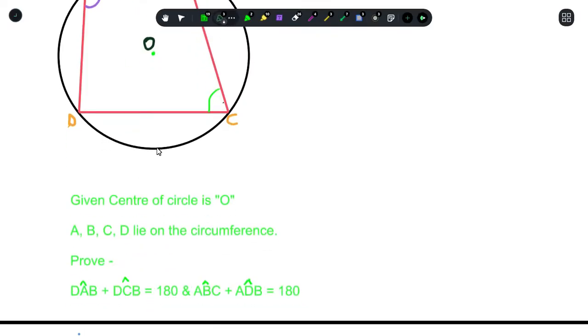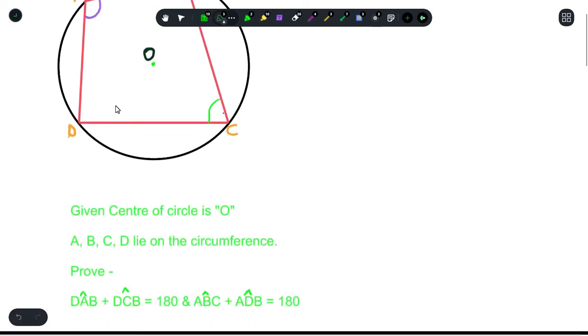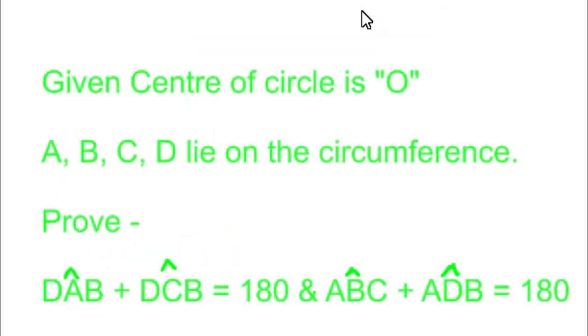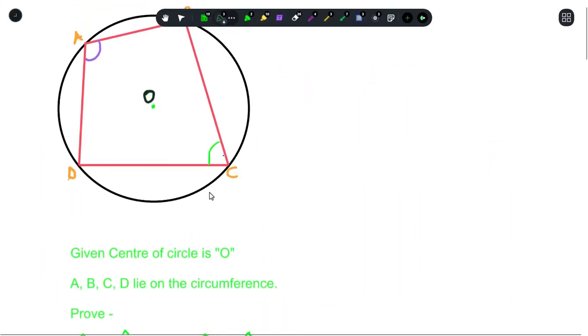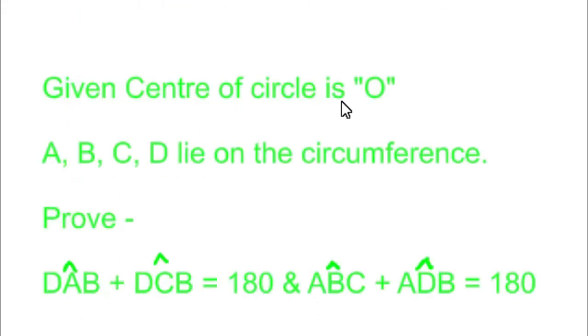We are required to prove that DAB, that angle over there, plus DCB, this angle over here, add up to 180. We could also prove that ABC plus ADB add up to 180. Now, we don't have to prove both of them at the same time. We just need to prove one of them, and if this is right, the second one would also be right.